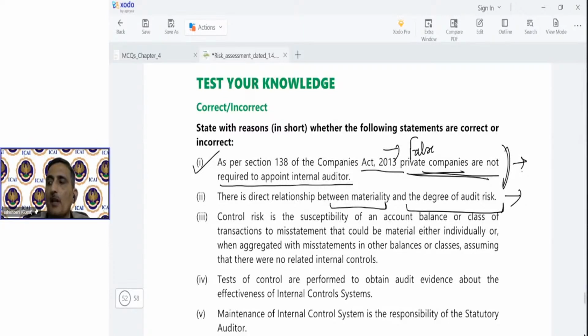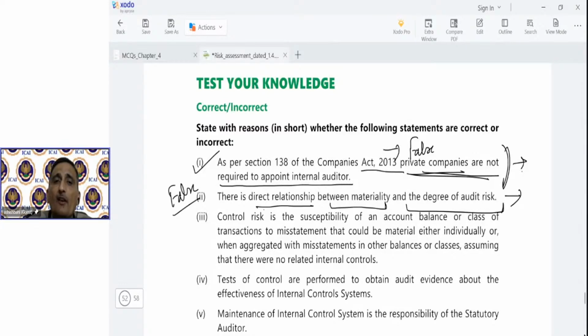Question number 2. Oh, Syed, we had done this question. Remember, we had done correct, incorrect: lower the audit risk, and lower or higher is the materiality level set by the auditor. So the question is same. There is a direct relationship between materiality and degree of audit risk? No. This statement is false.